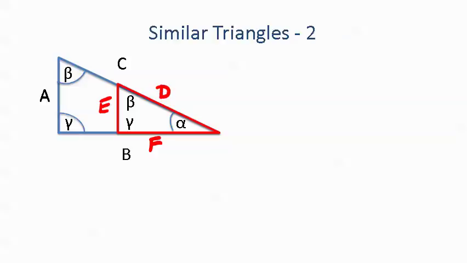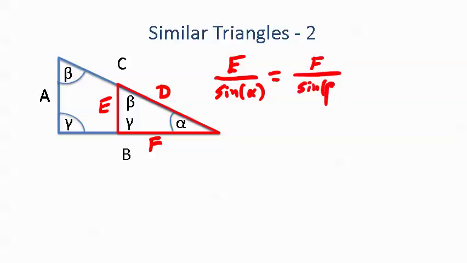It doesn't matter. So if we apply the law of sines on the new triangle, the red triangle, we will have the side E divided by sine of alpha is equal to side F divided by sine of beta.